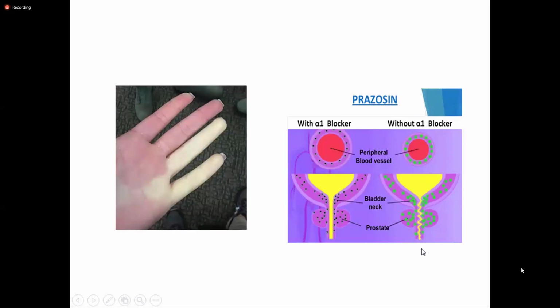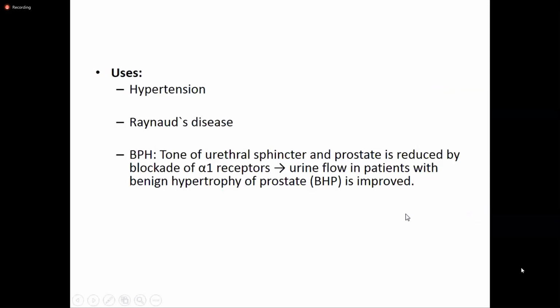Due to the constriction of the ureter, there is difficulty in micturition, difficulty in voiding, in these patients suffering from benign prostate hyperplasia. So why are these alpha-1 blockers given? The tone of the urethral sphincter and prostate is reduced by the blockade of alpha-1 receptors.